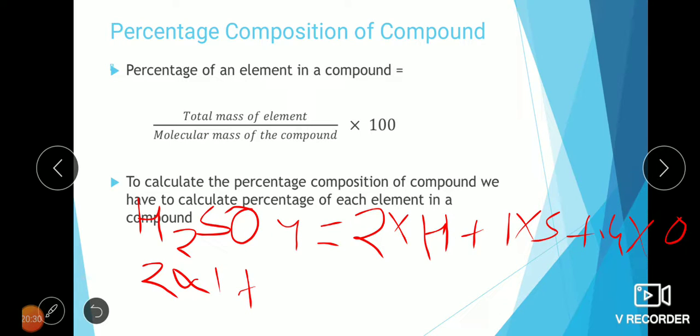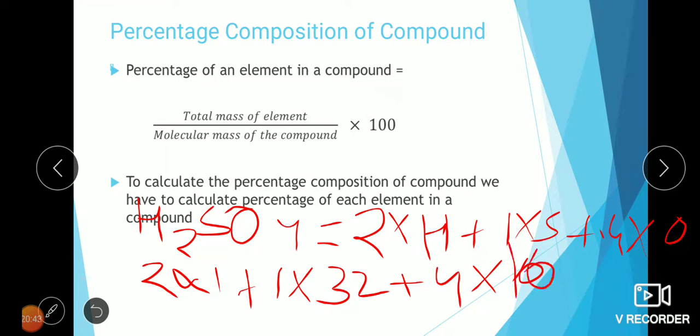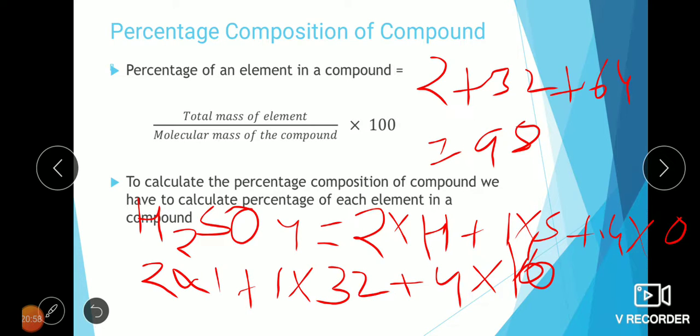Plus 1 into 32. If you remember, just now we did it. Sulfur atomic mass number is 32, plus 4 into O. That is 16. So 2 into 1 is 2, plus 32, plus 4 into 16 is 64. If you add it, the answer is 98.